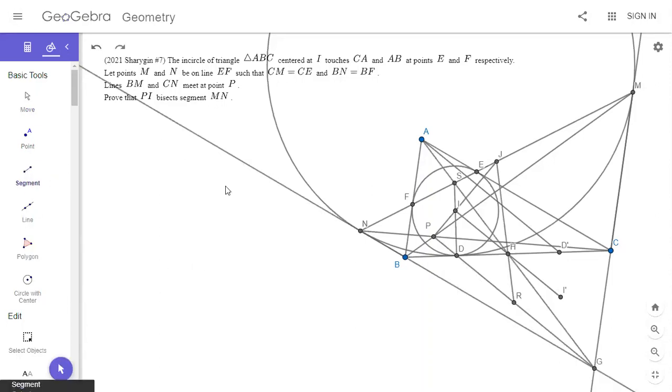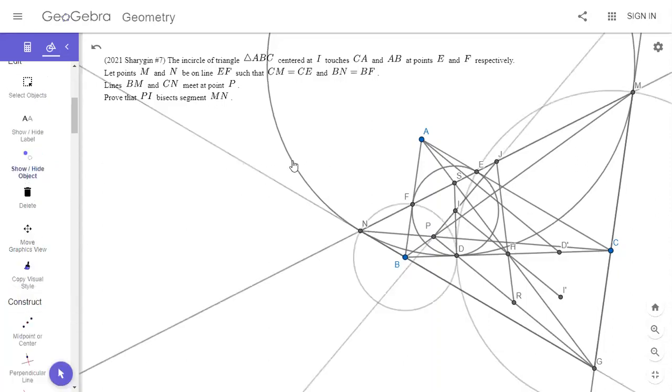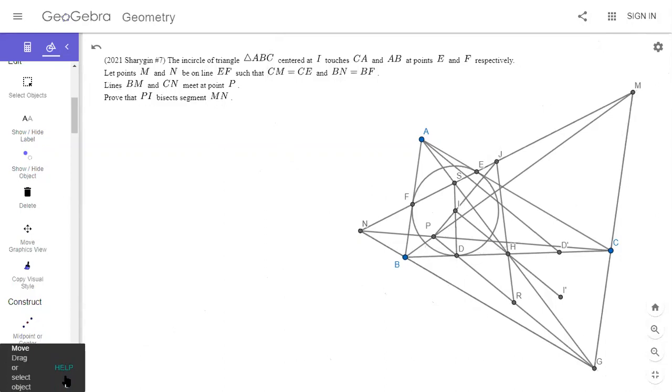Yeah, but really we just need the IM lemma.